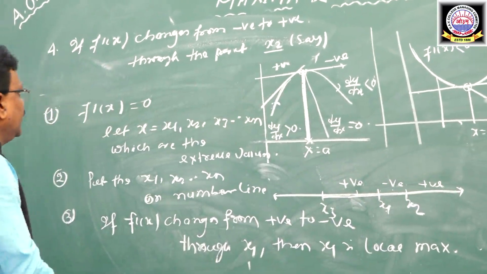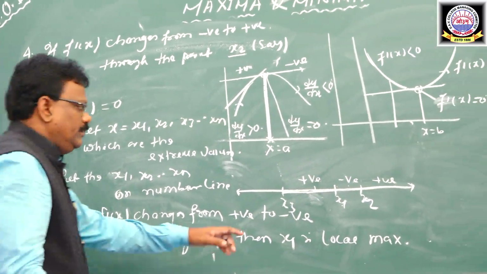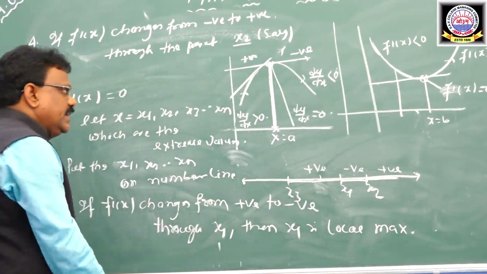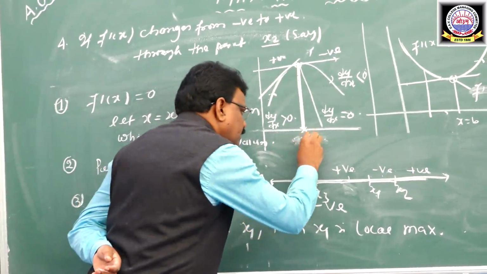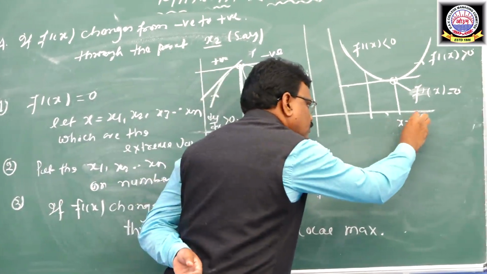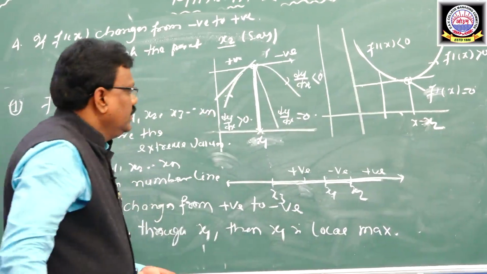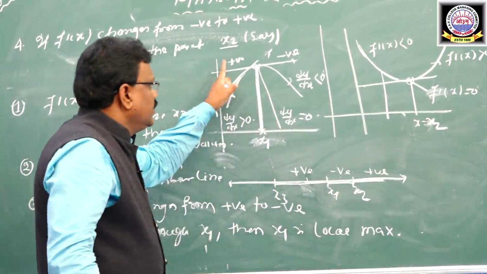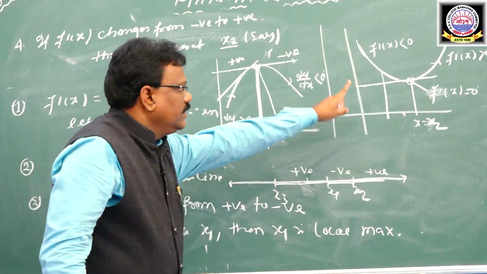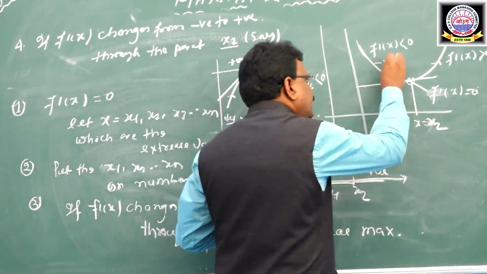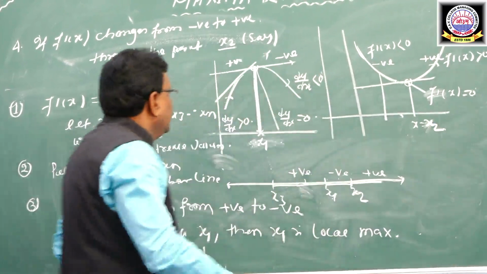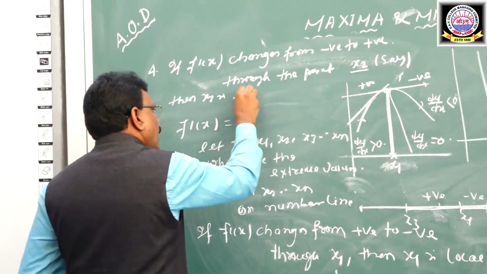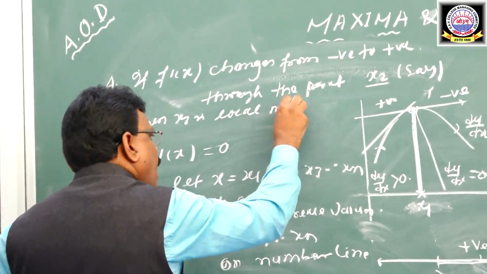So if the derivative of the function changes from negative to positive, you see this is negative and this is positive. Let this point be x1 and let this point be x2. So here it is changing from positive to negative, local maxima. Here negative to positive, so x2 is local minima.